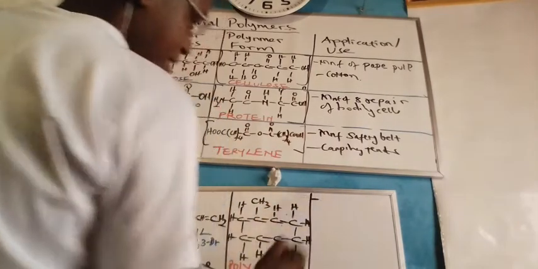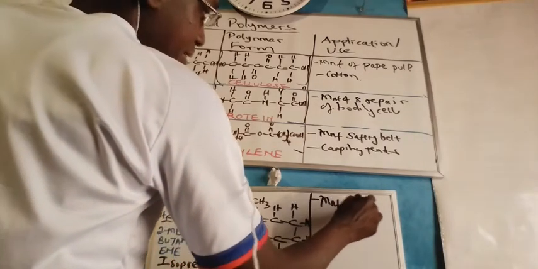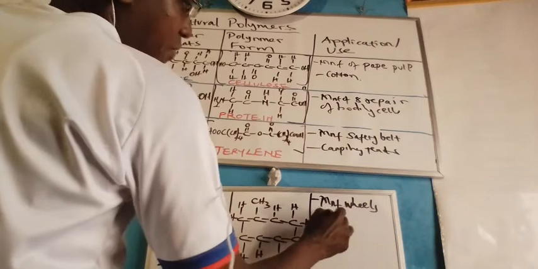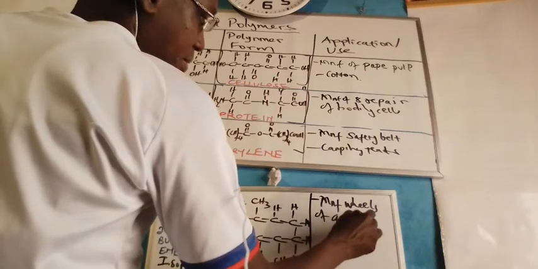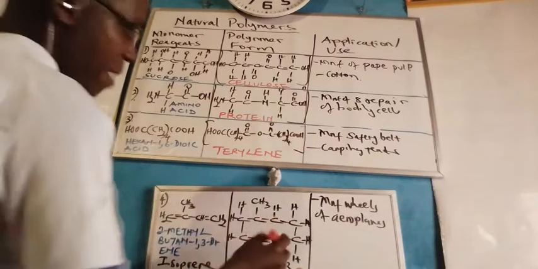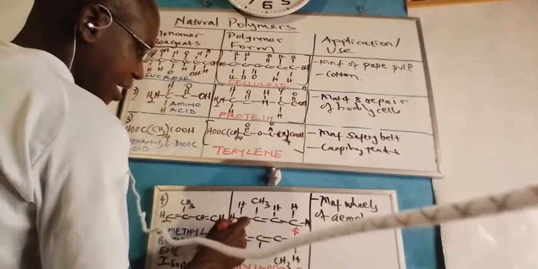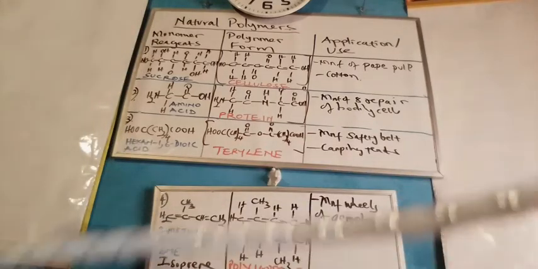How do you use this synthetic rubber? We use it to manufacture wheels of aeroplanes, especially when it is hardened by vulcanization. So when vulcanization is conducted, the polyisoprene is bubbled through hot molten sulfur to form a tough substance that is suitable for the manufacture of aeroplane wheels.